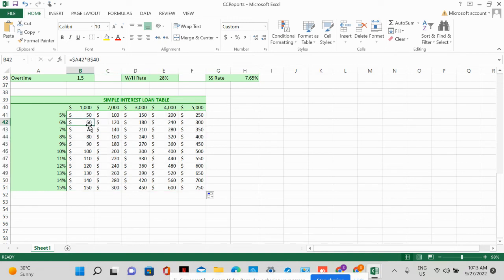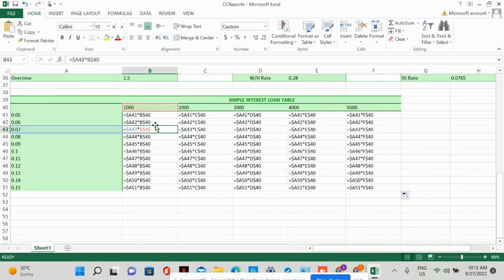So you see guys, B40 is the absolute cell reference. So when you insert the dollar sign before the cell reference, it changes the value.